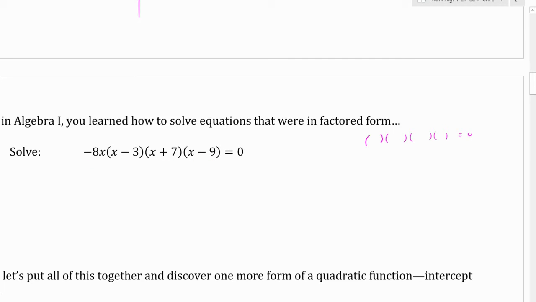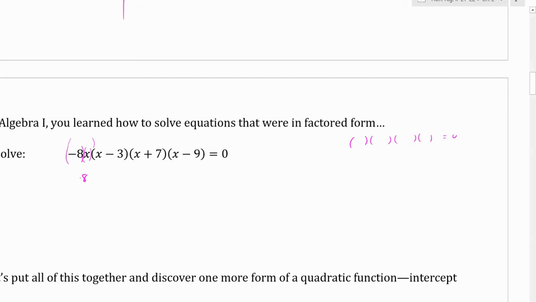So factored form was really nice back in Algebra 1. You got a -8 times x minus 3 times x plus 7 times x minus 9. Now you could look at it as -8x times all this, but let's say I broke it down into its most basic components. So you got -8 times something times something times something times something all equals 0. Well, that's not the one that's 0. -8 is -8.